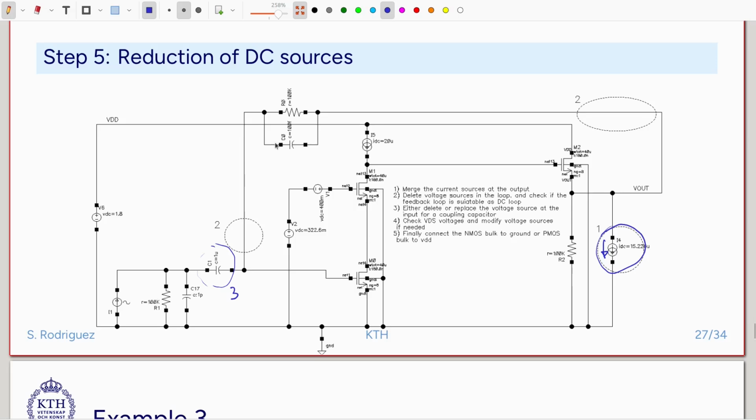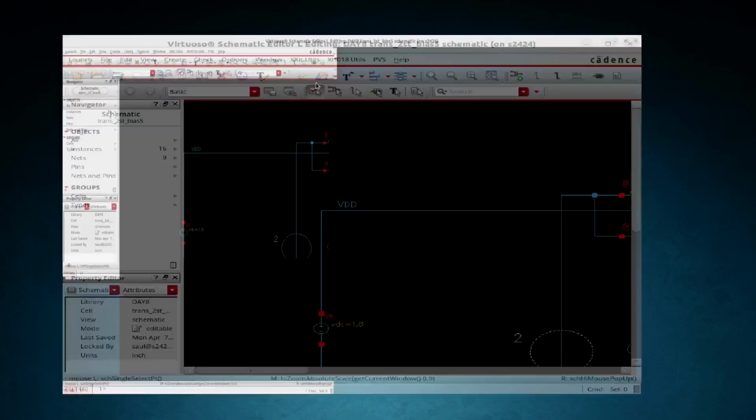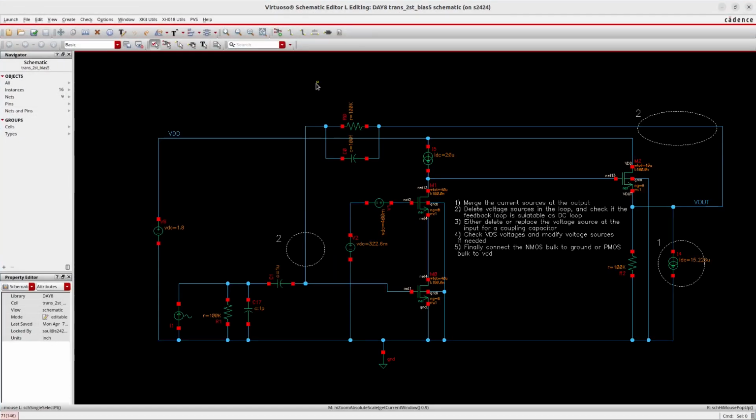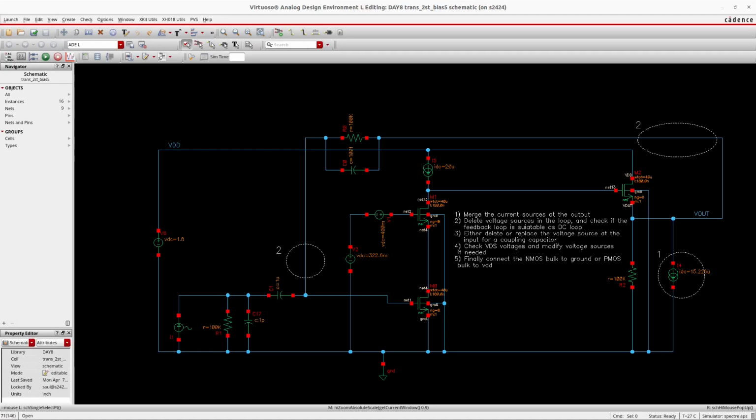And then now we are going to check this circuit in step 5 with Cadence. Let's see. Okay, so we're going to run ADL here.